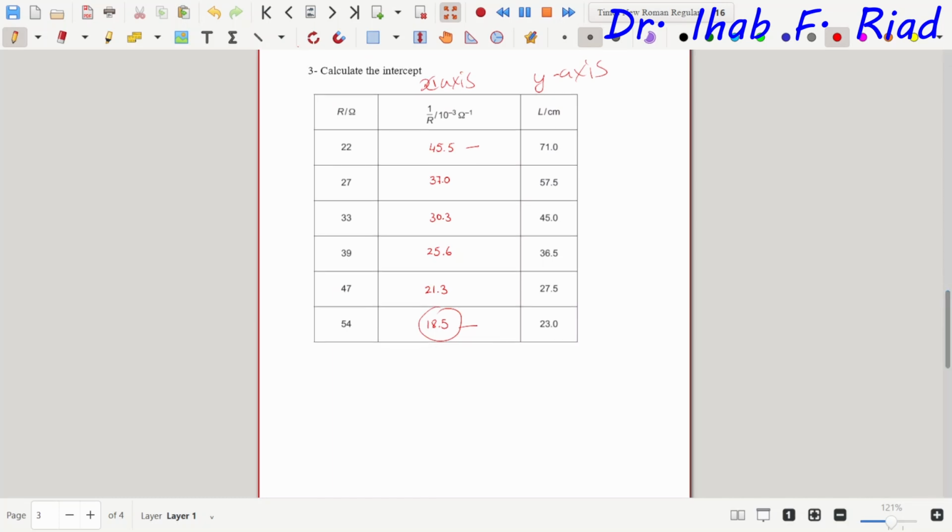This is how we do it. Maximum minus the minimum, and we divide by the number of scale marks on the x-axis. We have 7. Let us do the math.